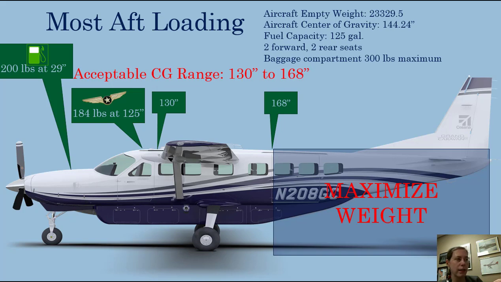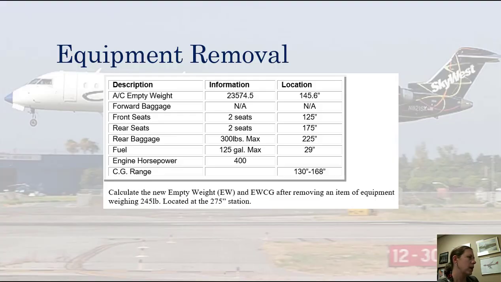If they fall into this shaded rectangle, we got to maximize them. So the rear seats, if we go back to our original example, are located at 175 inches. We see those here, and our baggage is at 225 inches location.